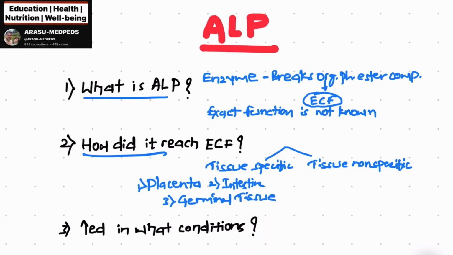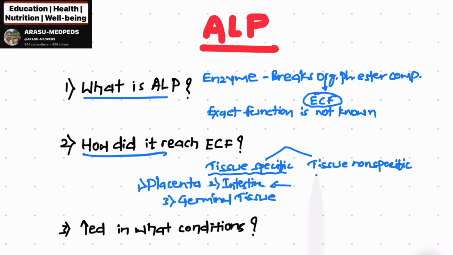These are the sources of alkaline phosphatase which are considered tissue specific. But these sources will not contribute much to the extracellular fluid levels of ALP. So the contribution is lesser from this aspect.